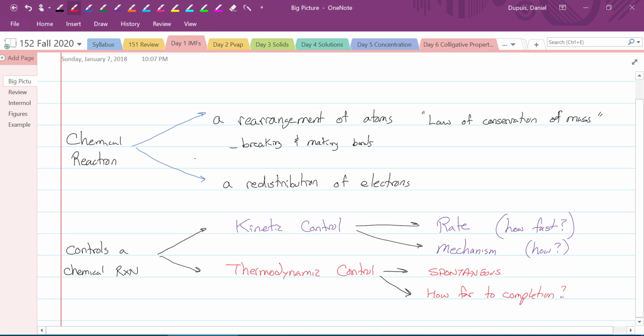So does this reaction happen or not without me making it happen? Just like, will my kids clean up their toys unless I make it happen? Chances are no. So when it comes to thermodynamic control, spontaneous: does it happen? How far does it go to completion? Maybe my kids will clean up a little bit, but not all the way.